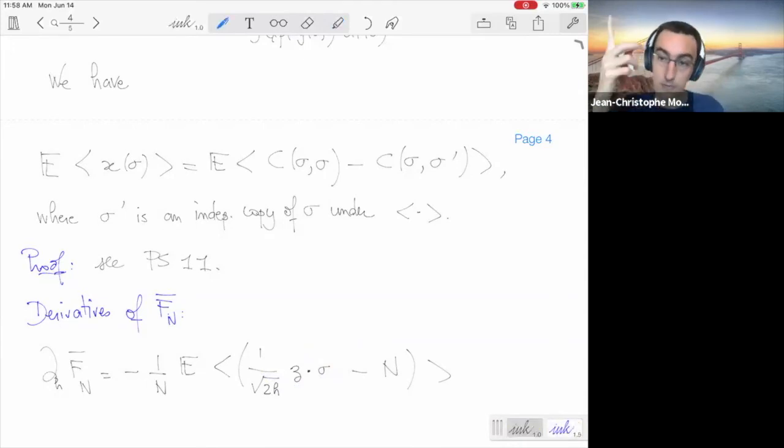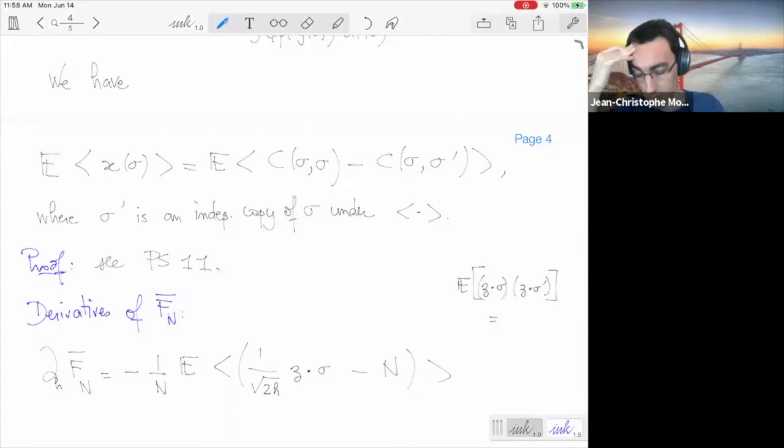And in the energy, the only thing that is correlated with z is z itself. So the relevant calculation is, this is the x, and in the y there are different terms, but only the one that contains z is relevant. So this is the correlation, this c of sigma and sigma prime that I have to compute. And this is just the scalar product between sigma and sigma prime.